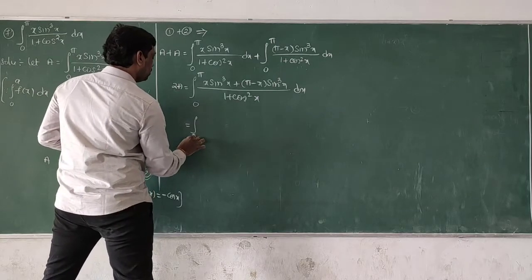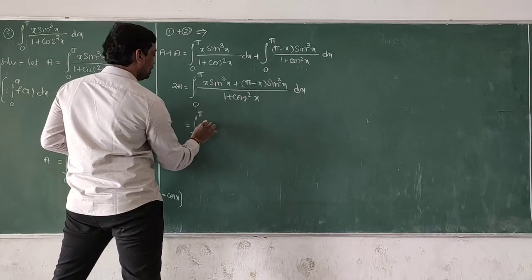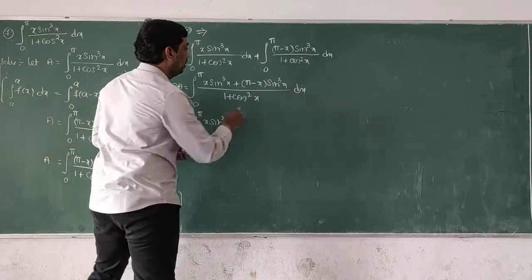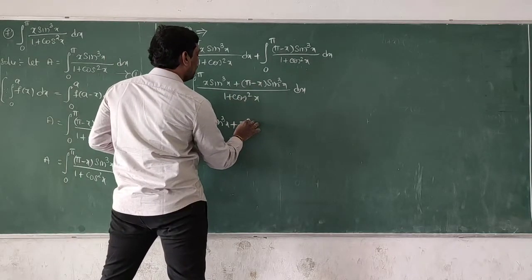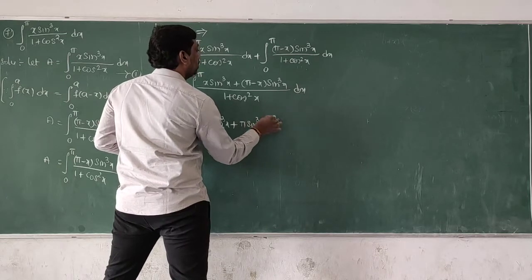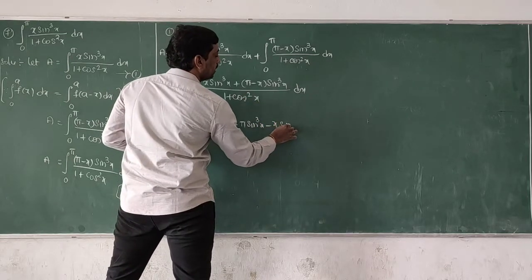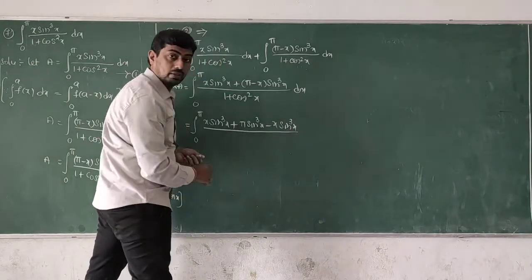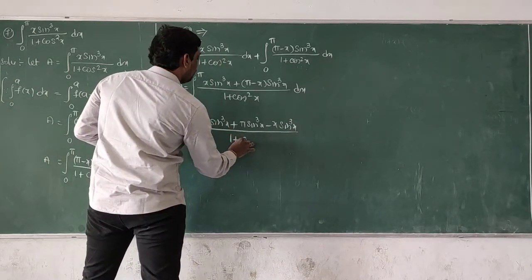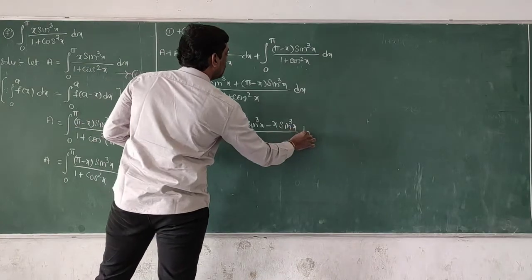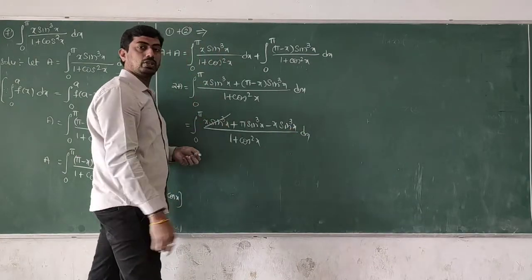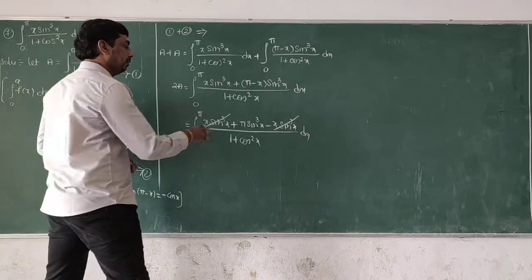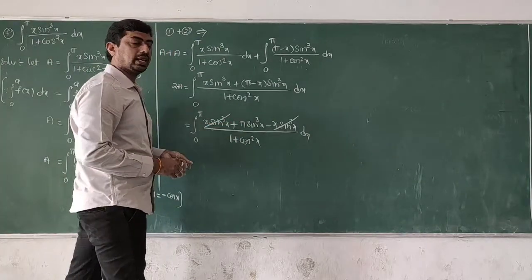Now integration 0 to pi x sin cube x plus pi sin cube x minus x sin cube x over 1 plus cos square x dx. Here plus x sin cube x and minus x sin cube x cancel. The remaining term in the numerator is pi sin cube x.